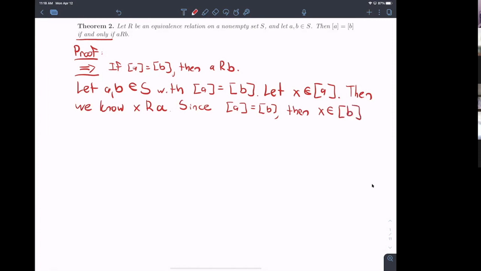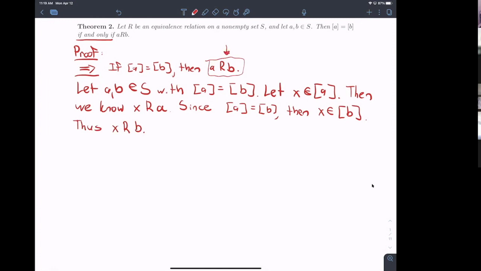And since we assumed that these two equivalence classes were equal to each other, if X is in equivalence class A and equivalence class A equals equivalence class B, then X should also be in equivalence class B. So this tells us that X is related to B. And recall, what we're hoping to show here, if we're going to prove this direction, is that A is related to B.